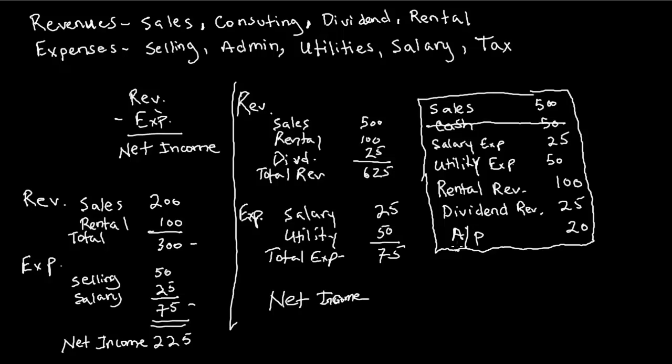That goes in the balance sheet. Just remember that. Cash and account payable go in the balance sheet. So 625 minus 75 means that our net income is $550. So this is a single step income statement, which is just revenues minus your expenses equals your net income.